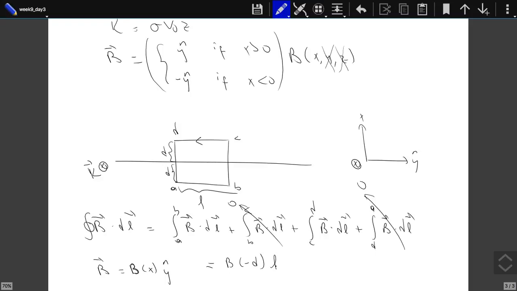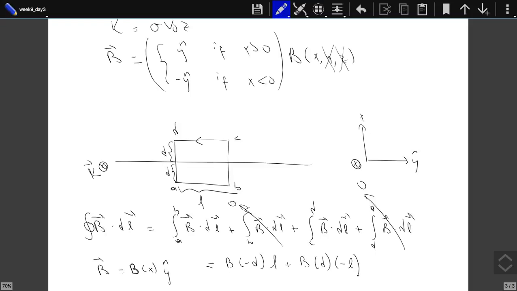The integral from C to D is B at d times minus L. Do you see why I took it minus L?